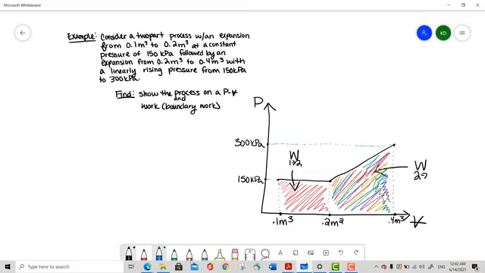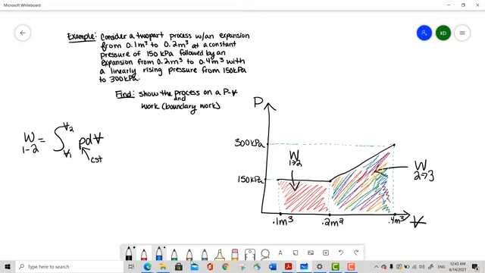This is work from 2 to 3. Okay, we know that we can use this formula and solve using the integral from volume at state 1 to 2 of P dV, right? Because we use this a ton. What do we know? We know that pressure is constant. Why do we know that pressure is constant between 1 and 2?